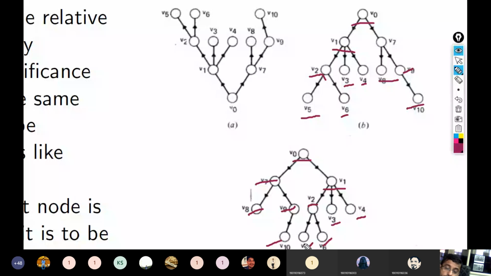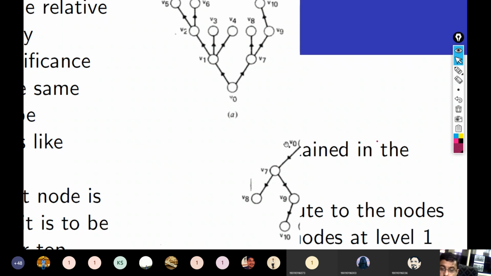So here you can see the same directed tree, but the order of this V1 and V7 is different. So order-wise these two are different but are the same directed trees. So where there is no importance of order, these two trees will be considered the same. Otherwise these two trees are different as far as order is concerned.